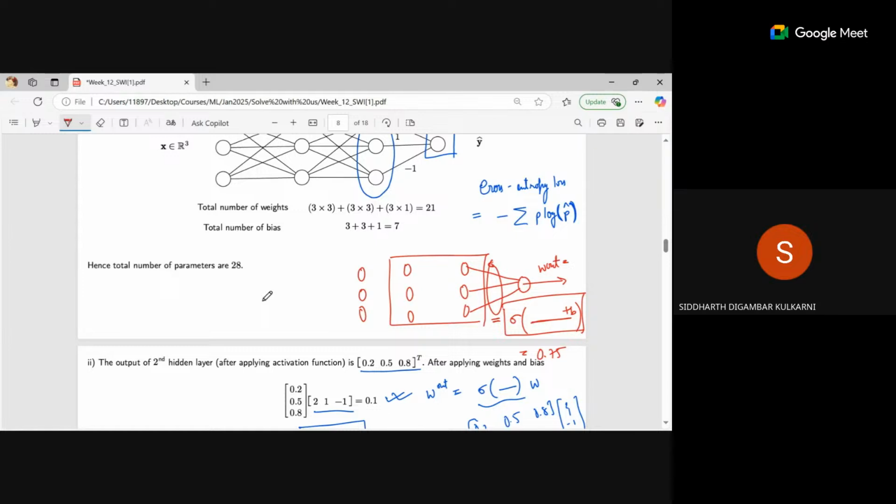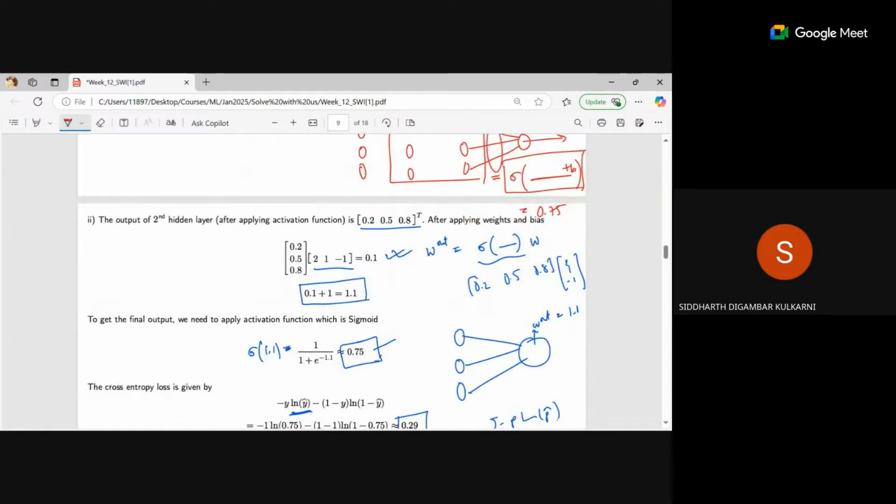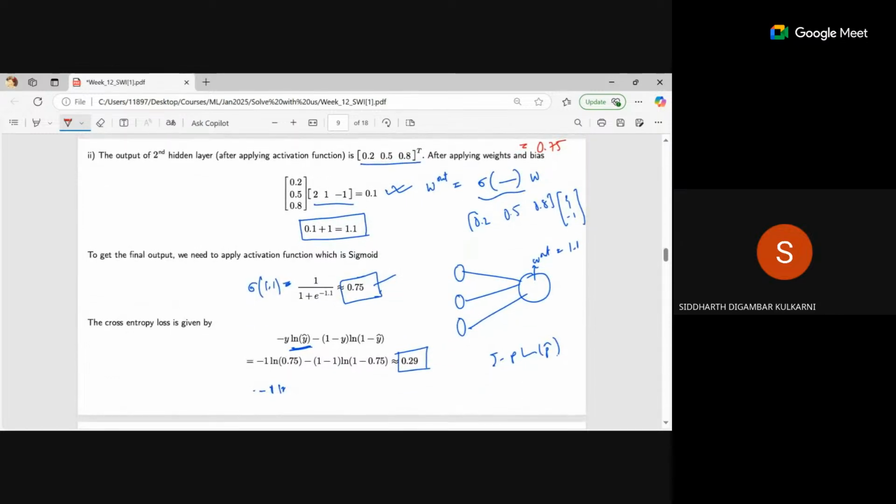So the answer is minus natural logarithm of 0.75, minus (1 minus 1) natural log of 1 minus 0.75. The second term is 0, right? Yeah, correct.